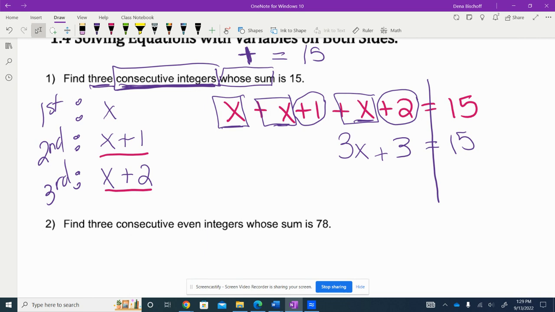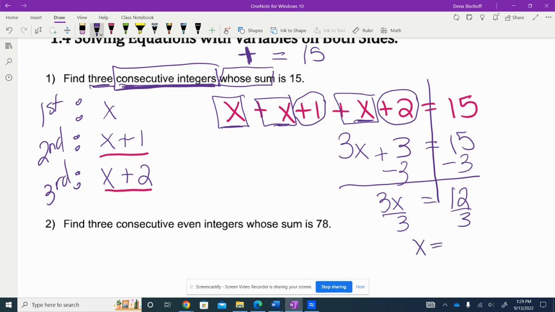Now, how are we going to solve this? Everett, what do you want to do to solve this? So 3x equals 15 minus 3 is 12. Last step, Daniela, how do I get x all by itself? Divide both sides by 3. So x equals 4.